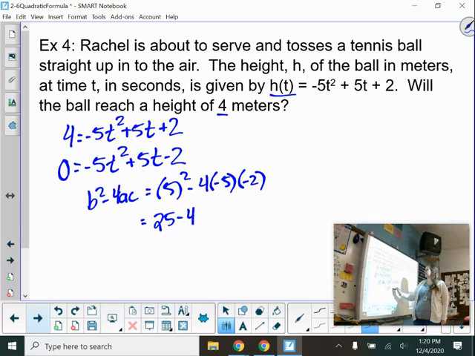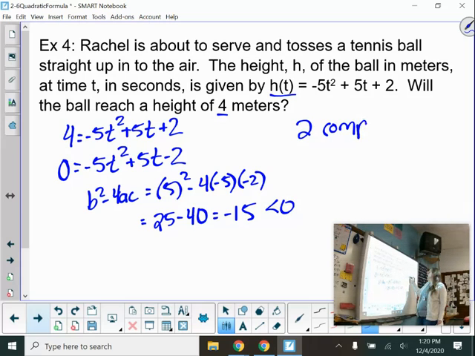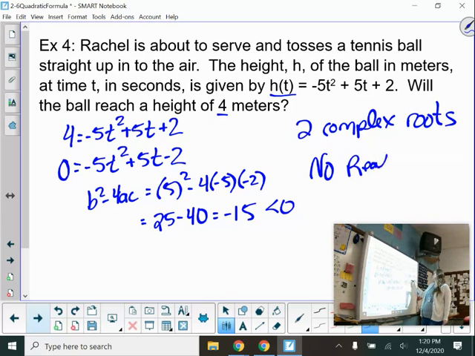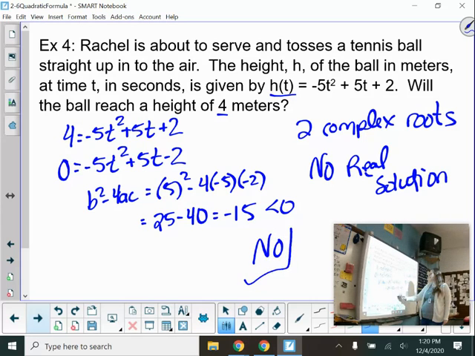So that's going to be minus 40, which gives me a negative 15. Well, negative 15 is less than 0, which means this has 2 complex roots, no real solution.